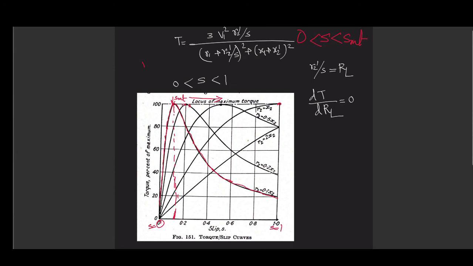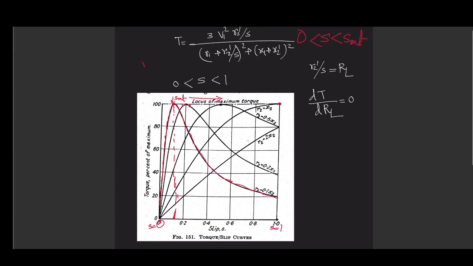Do understand that there is another factor X2, the leakage reactance, which is proportional to the frequency. So R2 and X2 cannot be independent of each other.